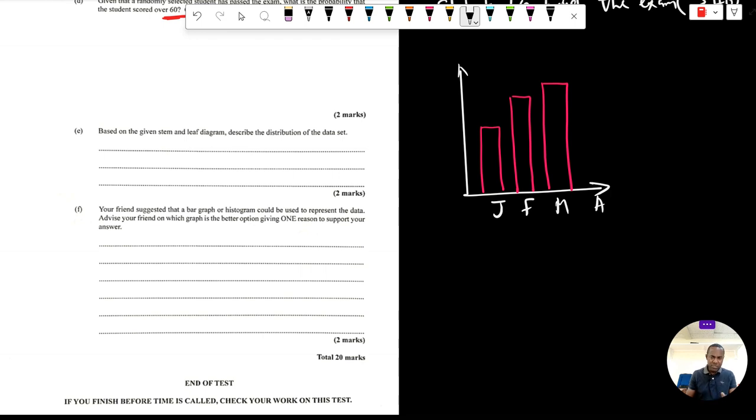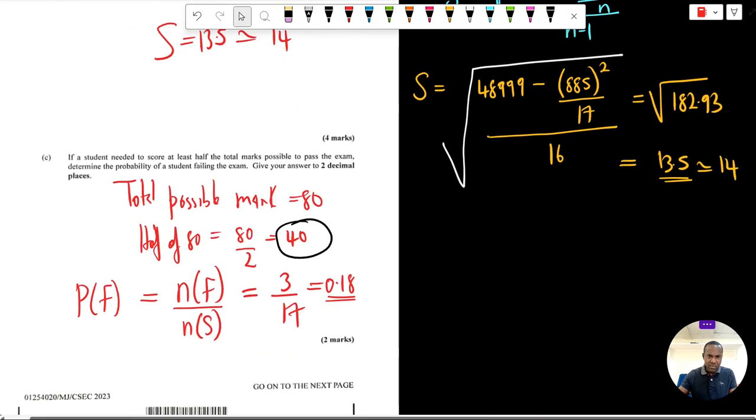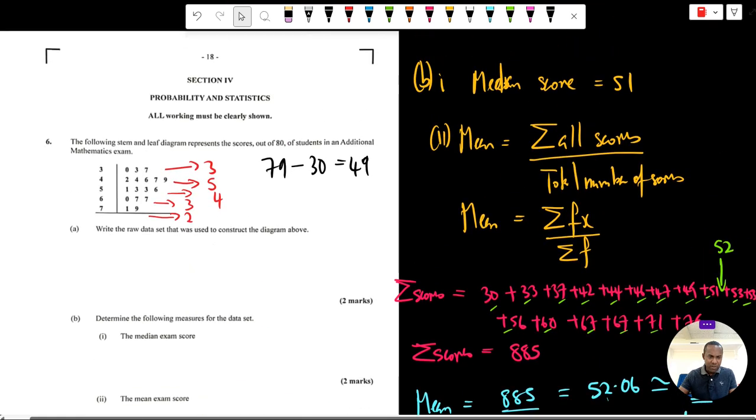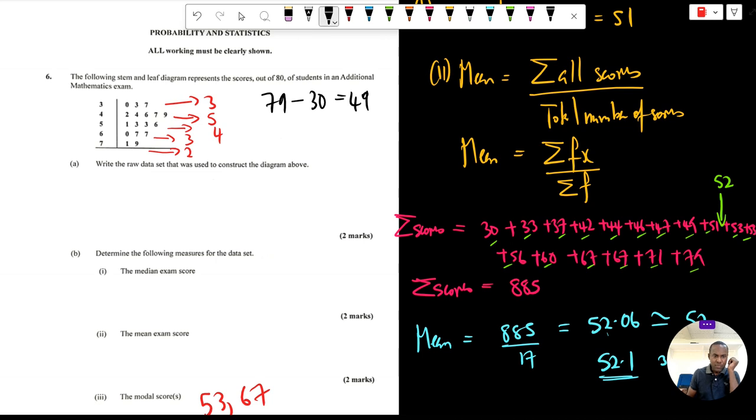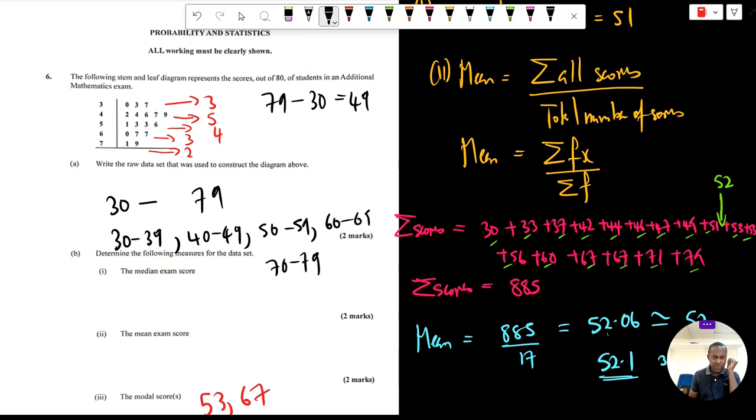Also, in terms of the histogram, we could arrange the scores in certain intervals. So, for instance, if we look at the stem-and-leaf diagram, we see that the scores range from 30 being the lowest to 79. And so we could arrange these scores in intervals, like say, 30 to 39, 40 to 49, 50 to 59, then 60 to 69, and lastly, 70 to 79.